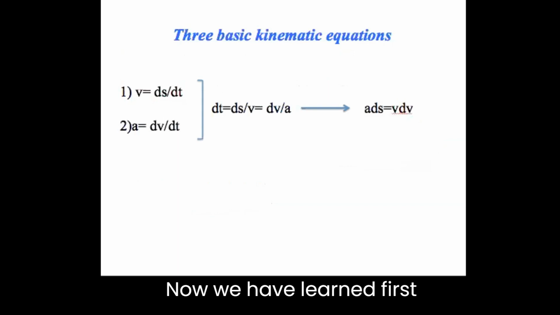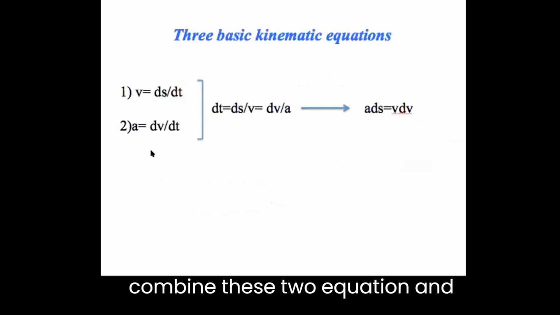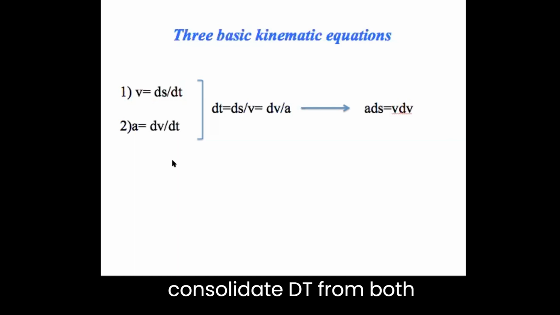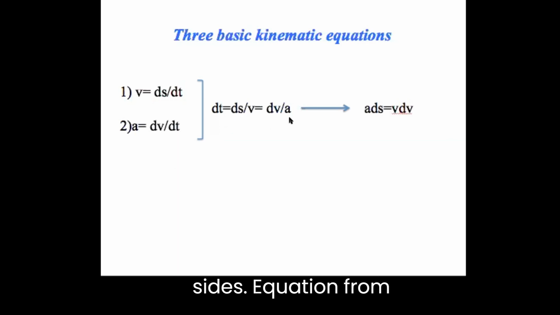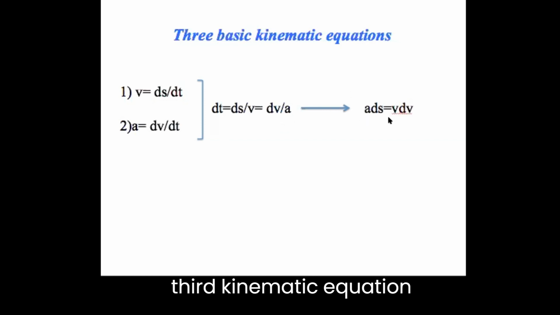Now we have learned the first two basic kinematic equations. If we combine these two equations and eliminate dt from both sides, then we get the third kinematic equation, a ds equals v dv, and this equation does not involve time.